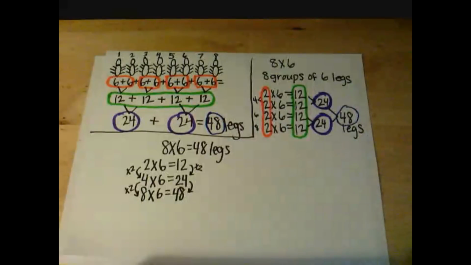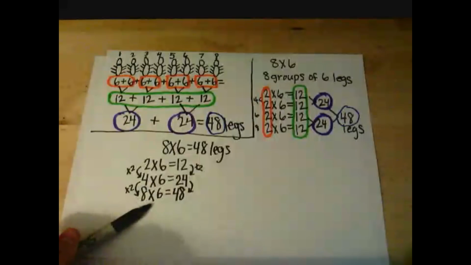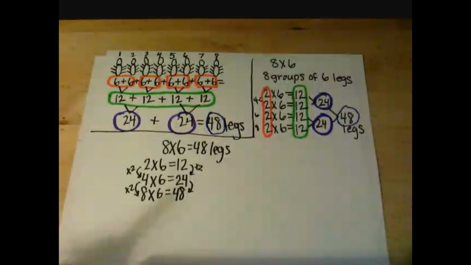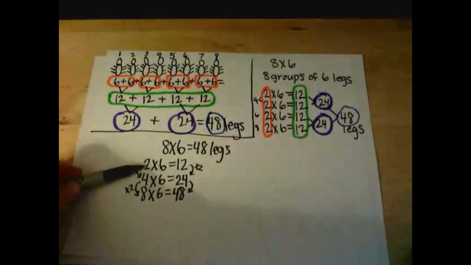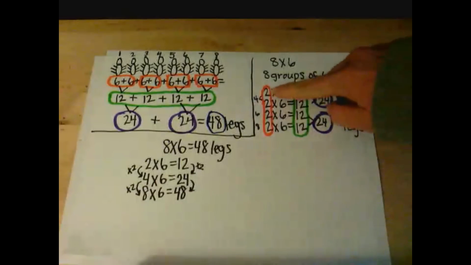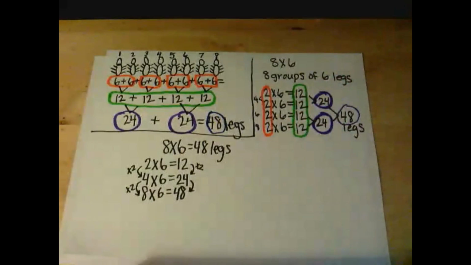So now let's see, what connections can we make with this problem, or this strategy, and our other strategies. So where do we see 2 groups of 6? Well, we know back in the second strategy we used two groups of 6, and we repeated that.